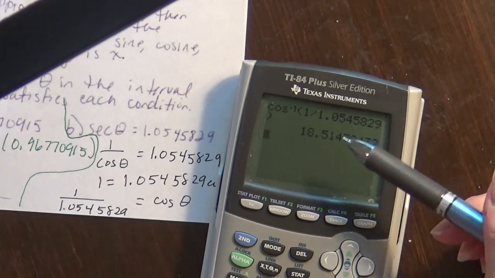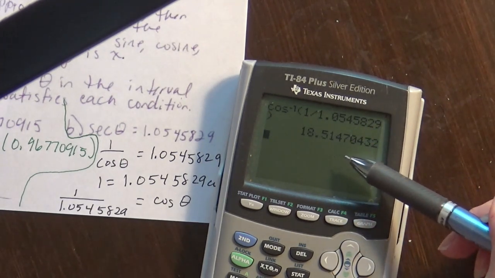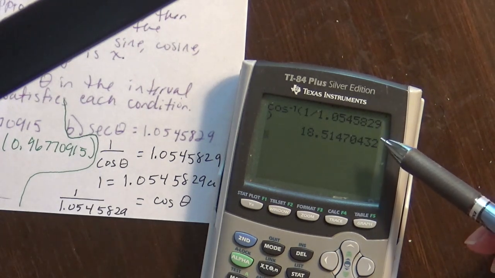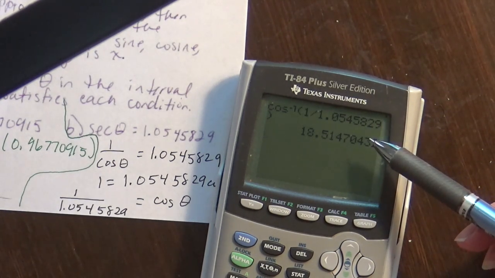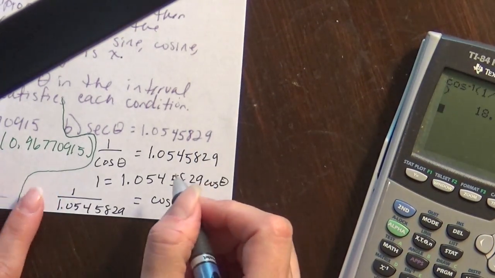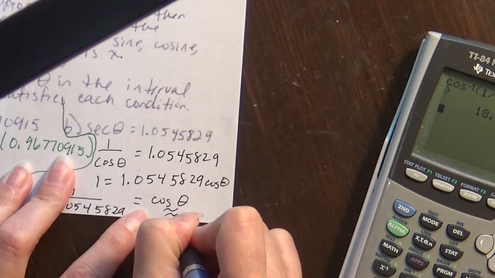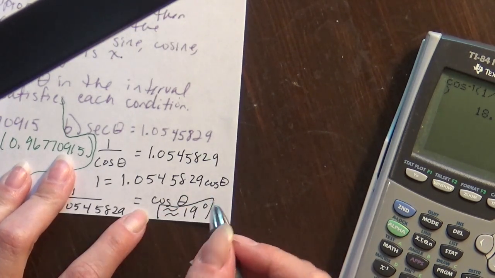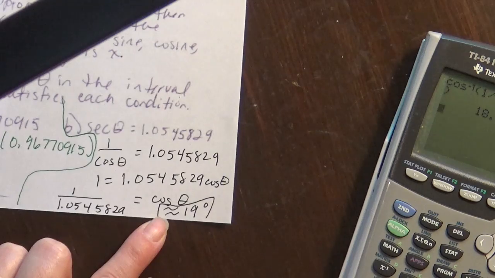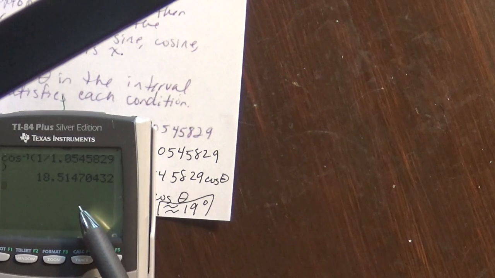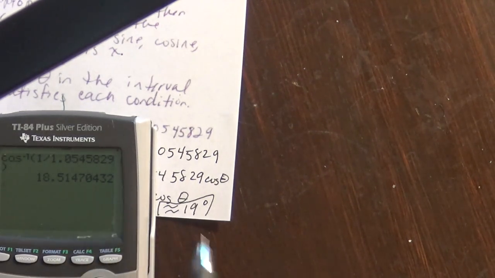And that gives me an answer of 18.51470432. I'm going to say that's approximately 19 degrees for my answer. Again, that decimal that I got was 18.51470432.